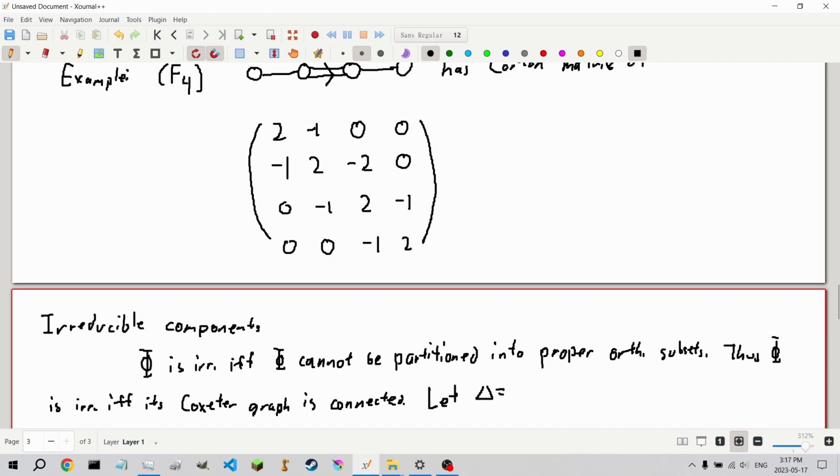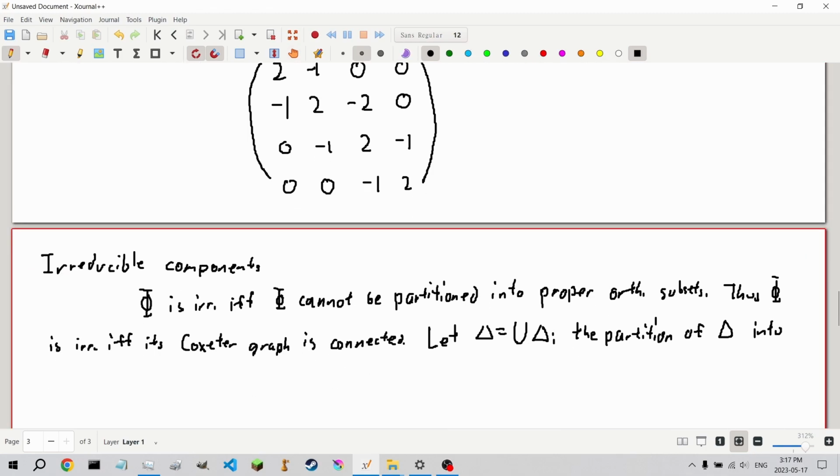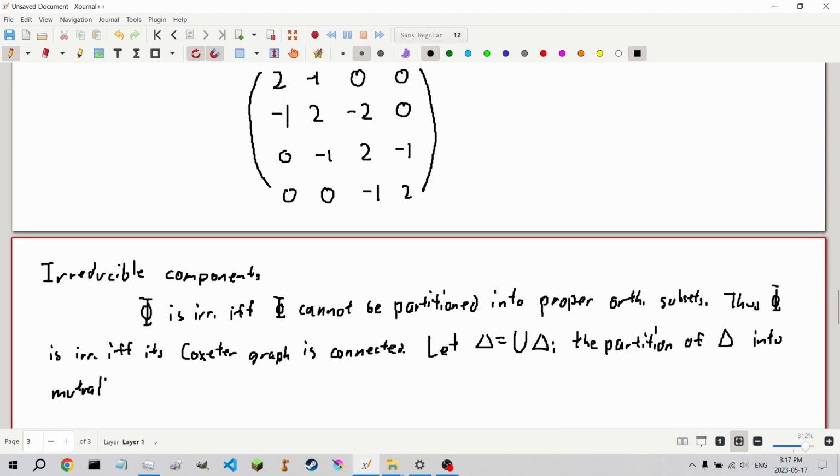So we let delta be the union of the delta i's, the partition of delta into mutually orthogonal subsets corresponding to the connected components of the Coxeter graph.